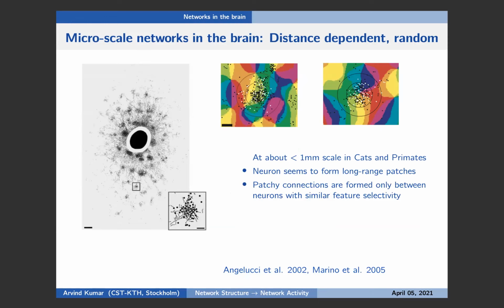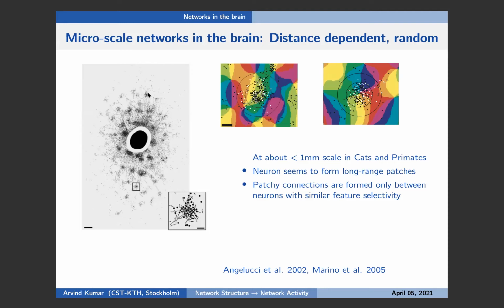And it turns out that if you look at the connectivity of neurons within an orientation domain, they not only make local connections, but they also make faraway connections. These are called patchy connections. And these patchy connections are made preferentially with other neurons that have similar stimulus specificity.